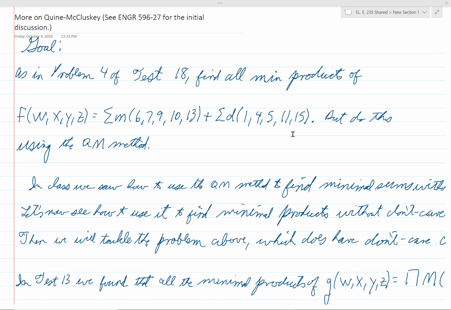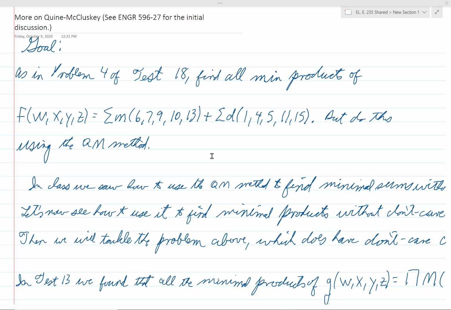The Quine-McCluskey method used to be regularly included in Electrical Engineering 235, but the decision was made to take it out. As you will see from this lecture video, ENGR 596-27, and also from what I will do here, the Quine-McCluskey method is more tedious than the Carnot-Mapp method, but it does have some advantages.